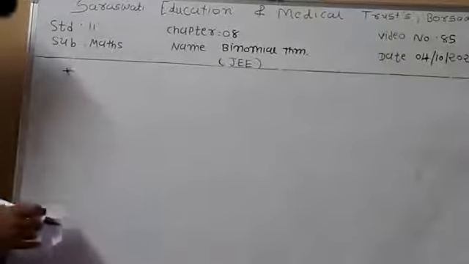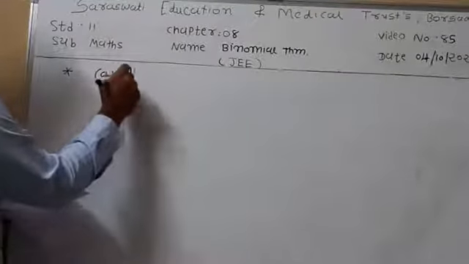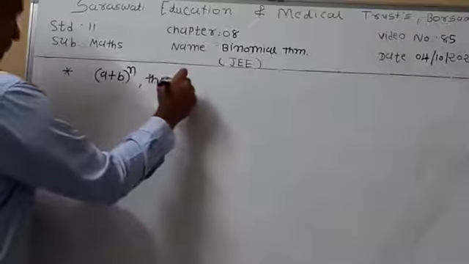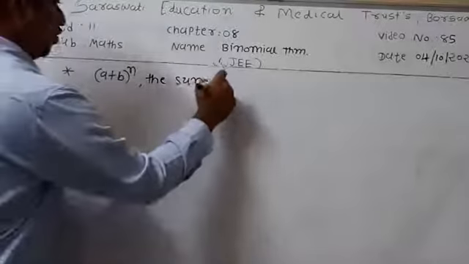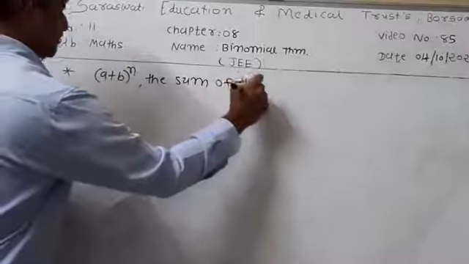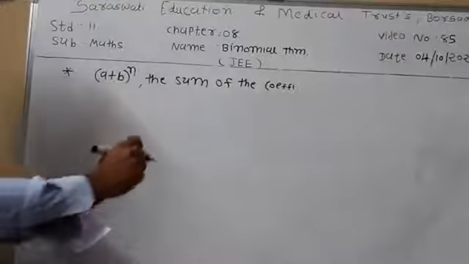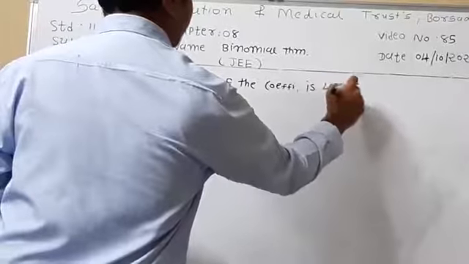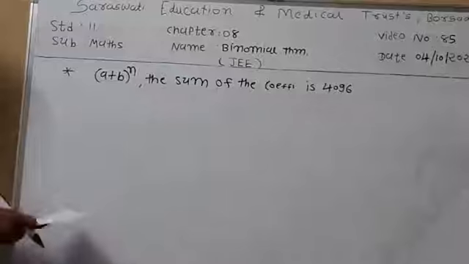Next question. In the expansion of (a plus b) raised to n, the sum of the coefficients is 4096. The greatest coefficient is?